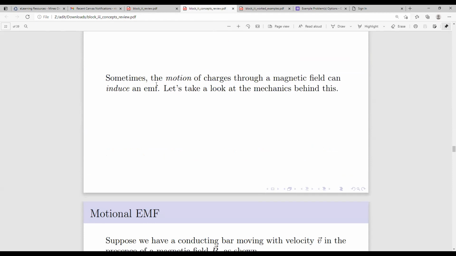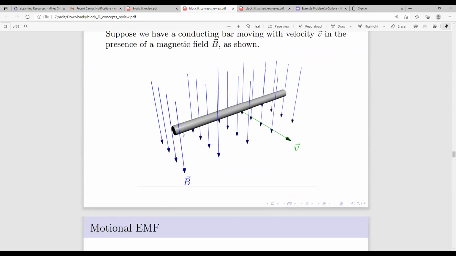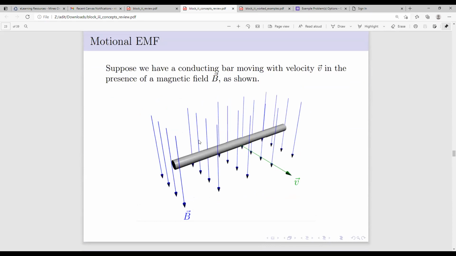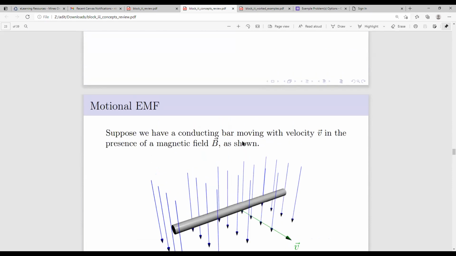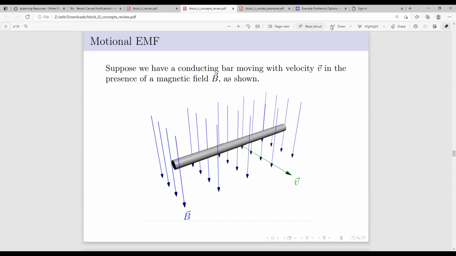So let's look at the mechanics behind this, of how the motion of charges through a magnetic field can induce an EMF. Suppose I have a conducting bar moving with velocity v in the presence of a magnetic field. Well, there are charges in this bar, and Tyler already talked about the equation F equals qv cross B. So we have all these charges, negative and positive, in this metal rod.